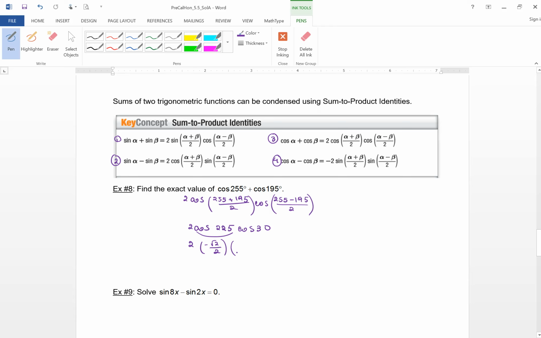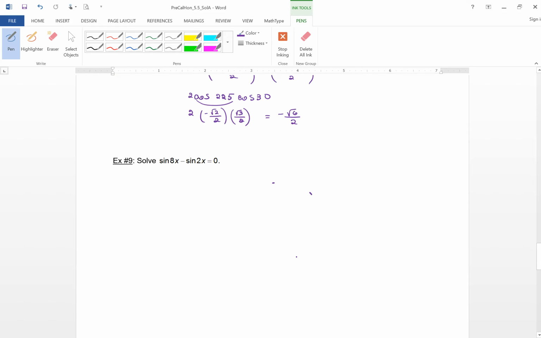What is it? Are you sure? Yeah, root 3 over 2. You had me questioning myself. That's right. Okay, so now we have negative root 6 over 2. All right. All in a day's work.